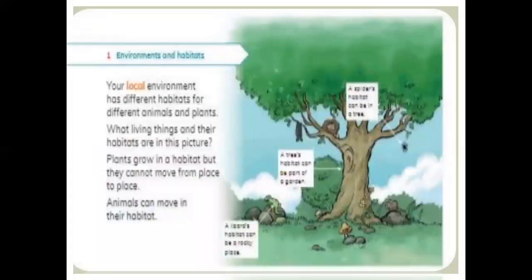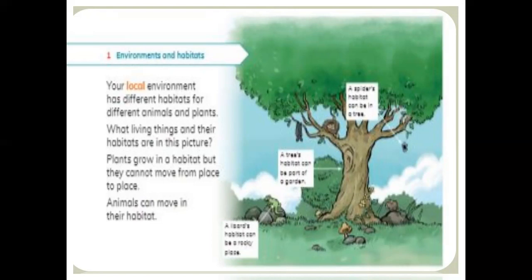Your local environment has different habitats for different animals and plants. What living things and their habitats are in this picture? Plants grow in a habitat, but they cannot move from place to place. Okay, plants are living things, as we studied earlier in grade 1 and KG, that plants and animals are living things.